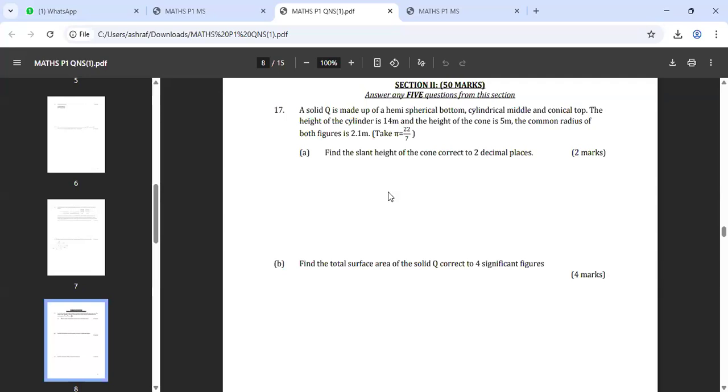Anyone who has gotten the surface area? Share your answers.